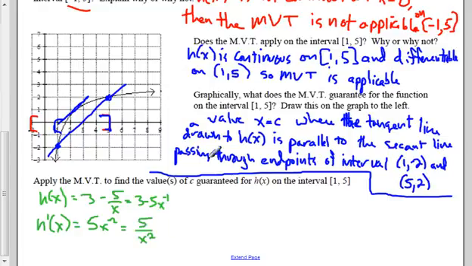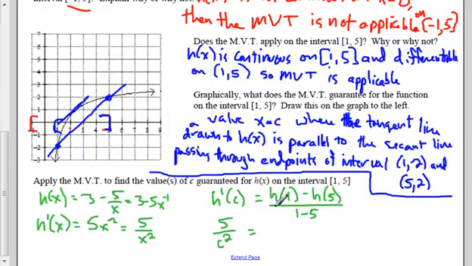Okay, so we said the derivative, instead of f prime of x, it's going to be h prime of c. So now we're trying to show that h prime of c equals h of a minus h of b all over a minus b. So this is going to be 5 over c squared.